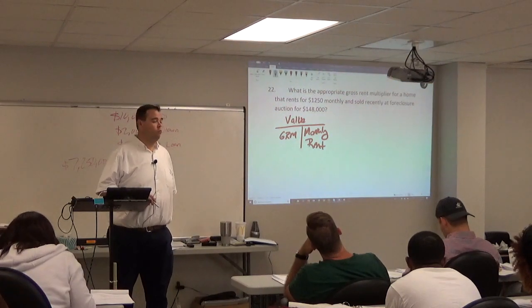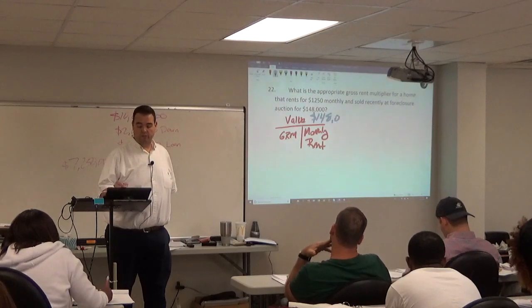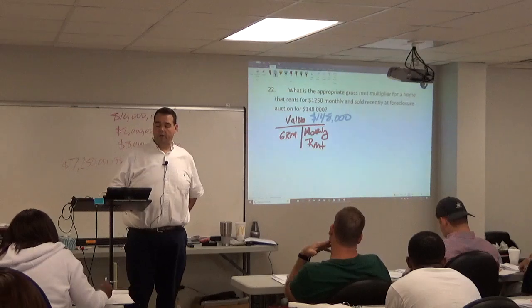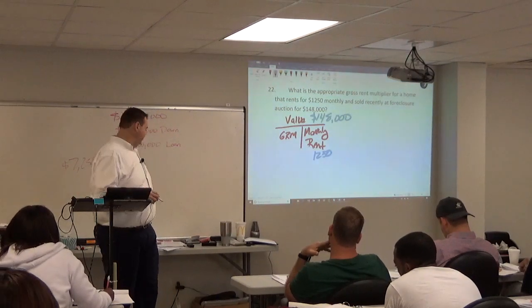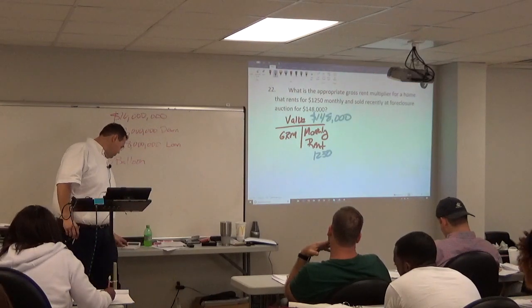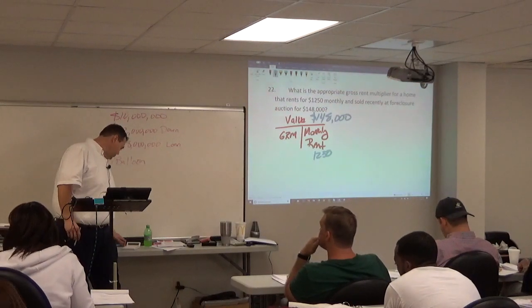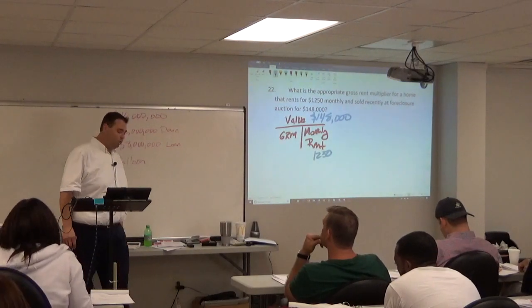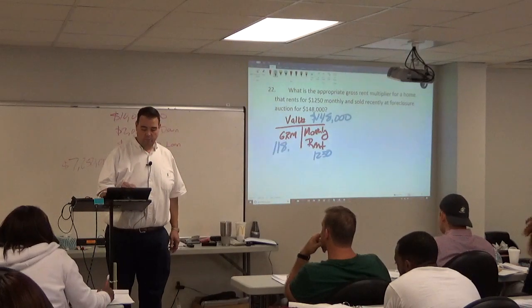What goes on top of our formula here? $148,000. What goes down here on the bottom? Monthly rent of $1,250. What are we going to do? We're going to divide 148,000 by 1,250. 118.4.